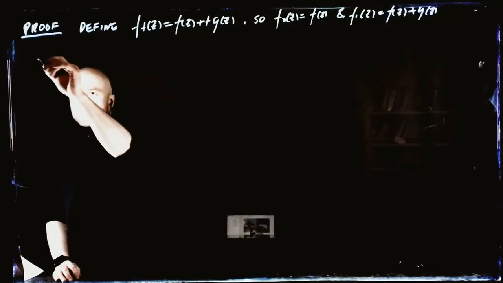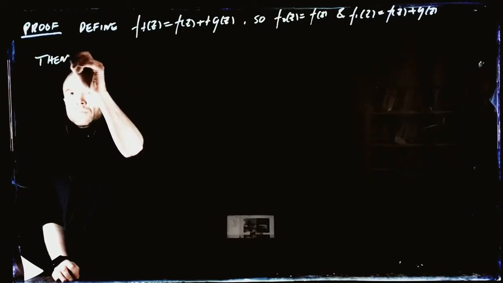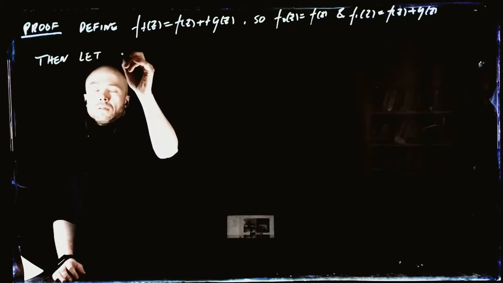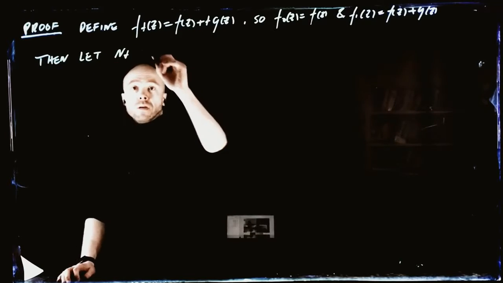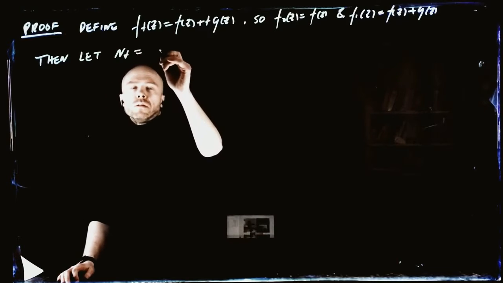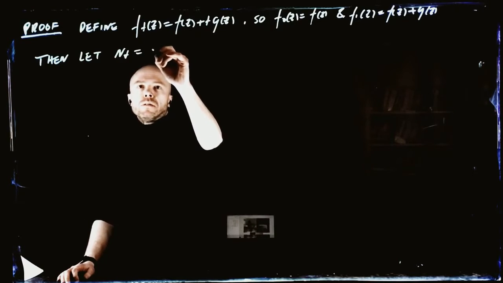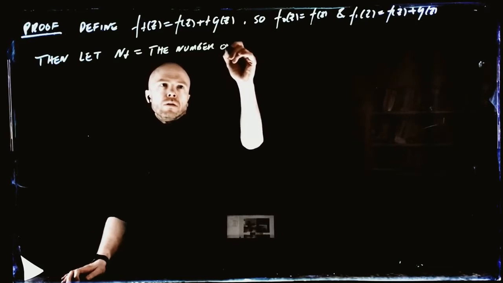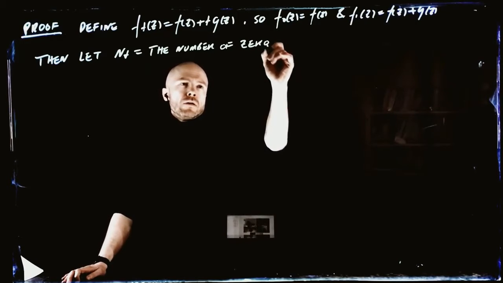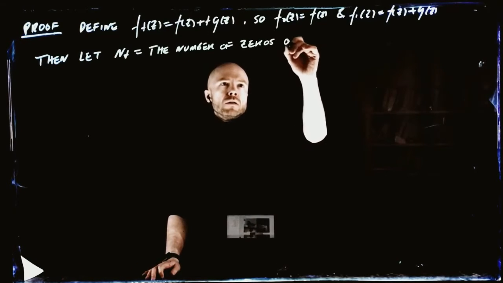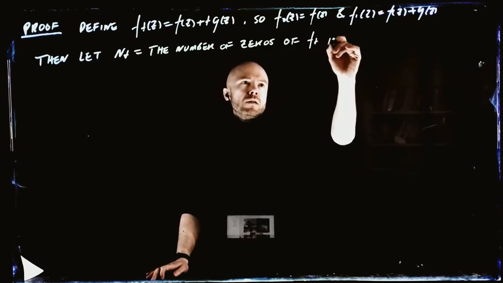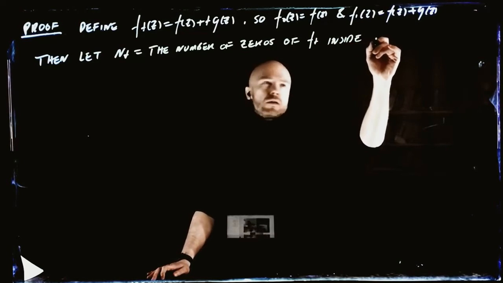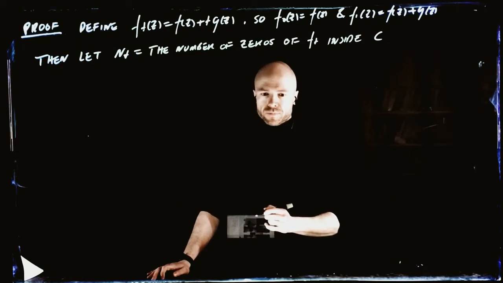Then, let n of t be the number of zeros of f_t inside a curve C like this.